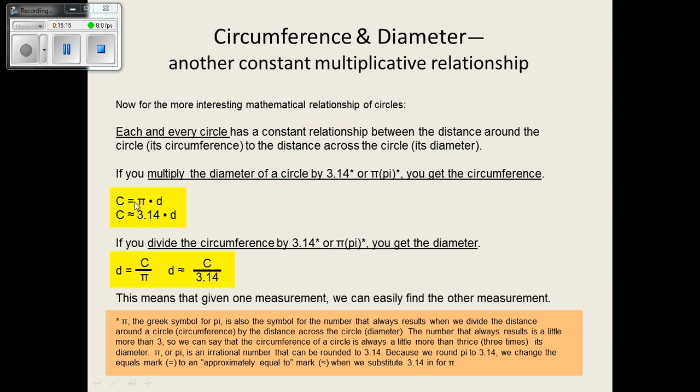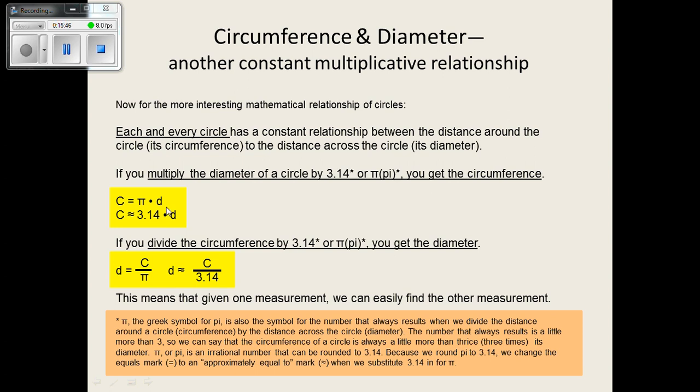It starts out, circumference is exactly equal to pi times the diameter. When we substitute or replace pi with this rounded number, 3.14, change that straight equals mark to an approximately equal to mark. So what it says now is the circumference is approximately equal to 3.14 times the diameter.